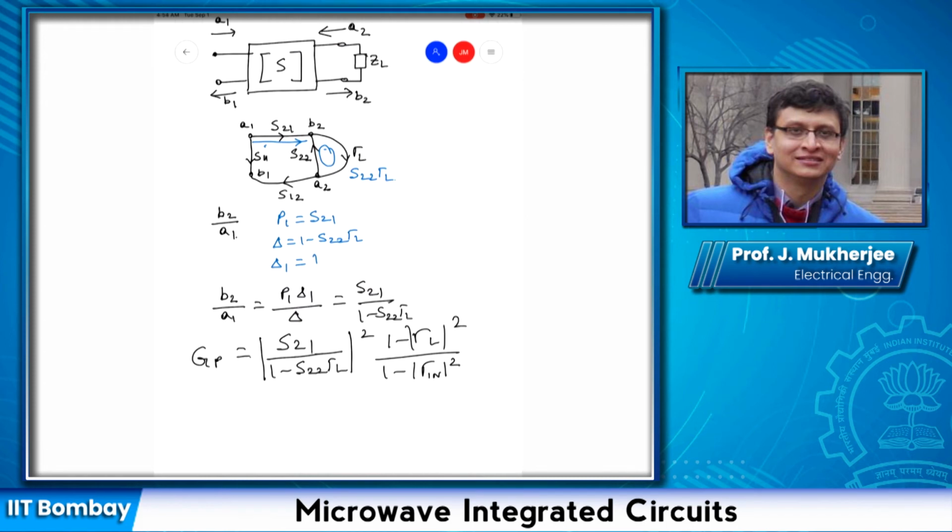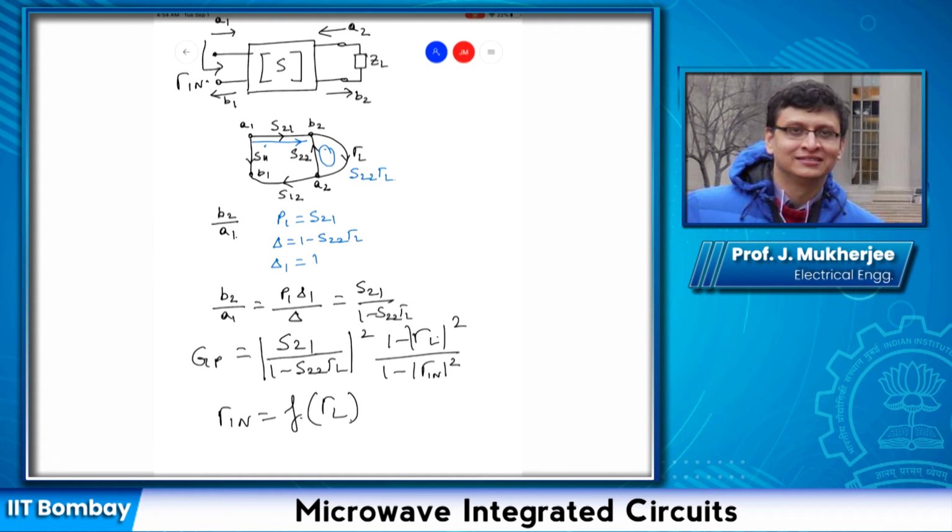And this is the value of GP. So if you can evaluate this expression, we will get the value of GP. Now, what are some of the attributes of GP? Look, it depends on gamma L and gamma in, right? Now, gamma in is a function, as you can see, of gamma L, isn't it?